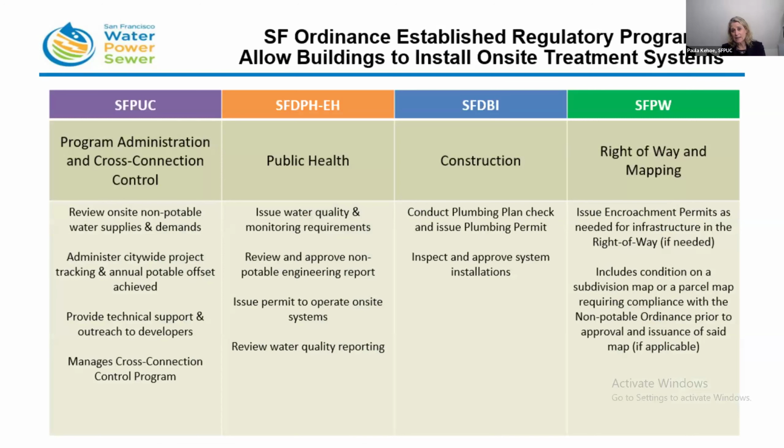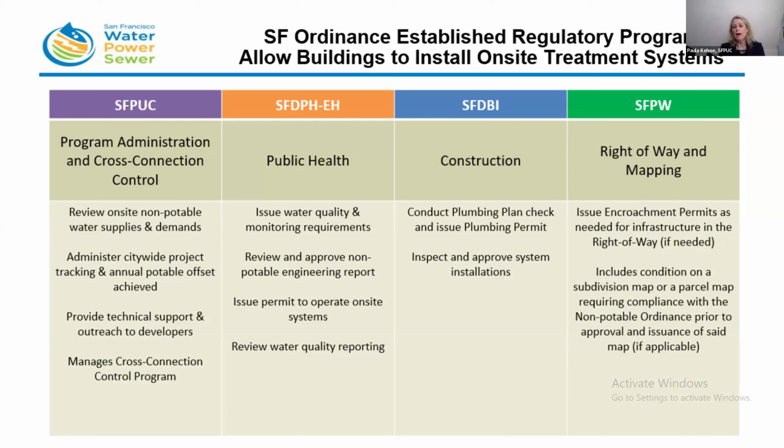We also recognized that the protection of public health is so critical when it comes to decentralized on-site water treatment systems that we needed to establish a regulatory program to enable and allow buildings, private and public, to install on-site water treatment systems. Our ordinance in San Francisco involves 4 city agencies. The utility provides technical assistance as well as managing our cross-connection control program, which is extremely critical when these treatment systems are installed and for ongoing operations.